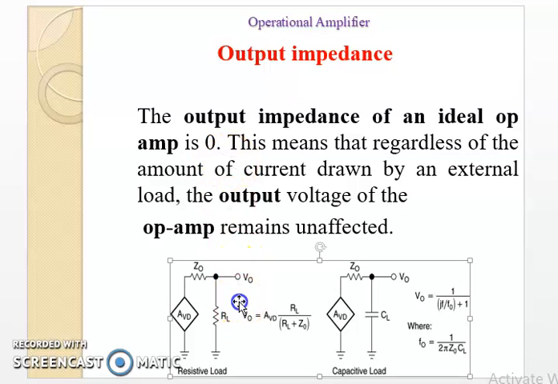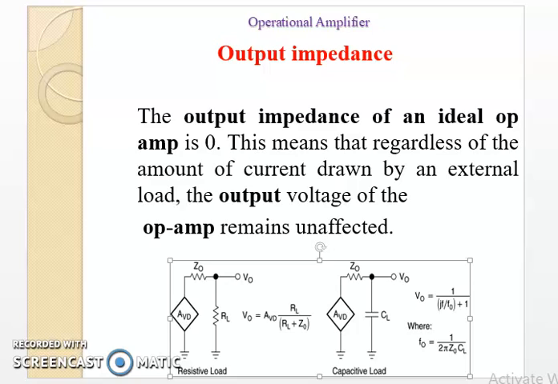Here you see these two figures. Here the output is what? 0. Here the output is what? 0. So the output impedance of an ideal operational amplifier is 0, but the input impedance is what?